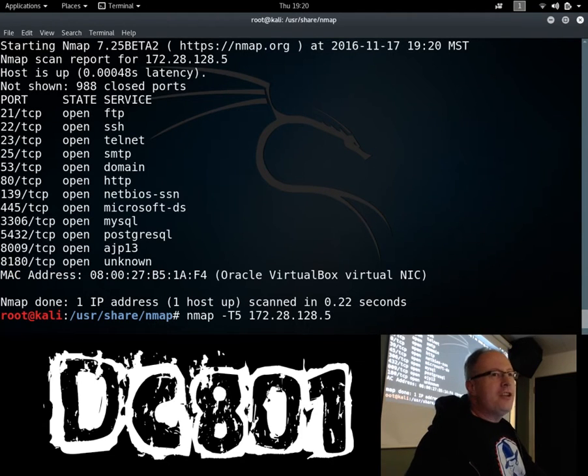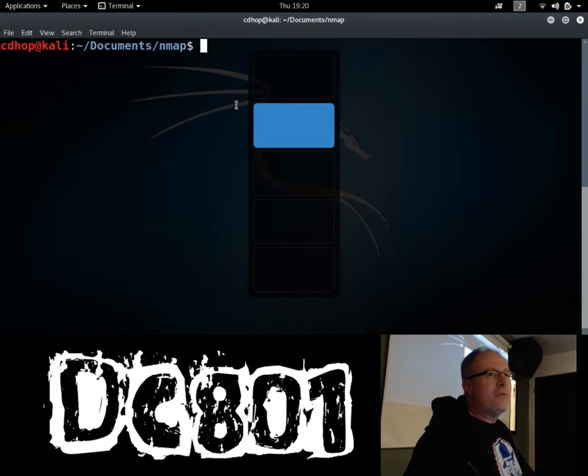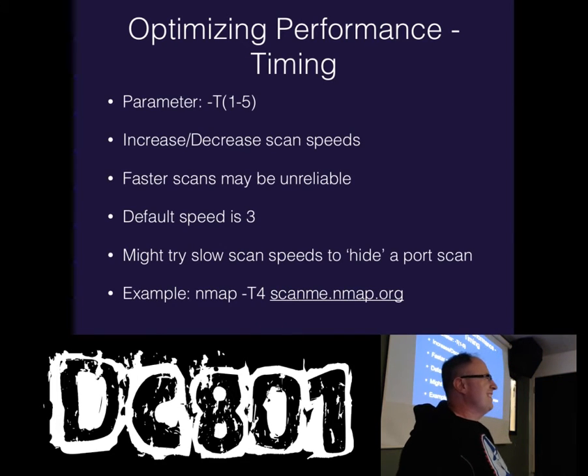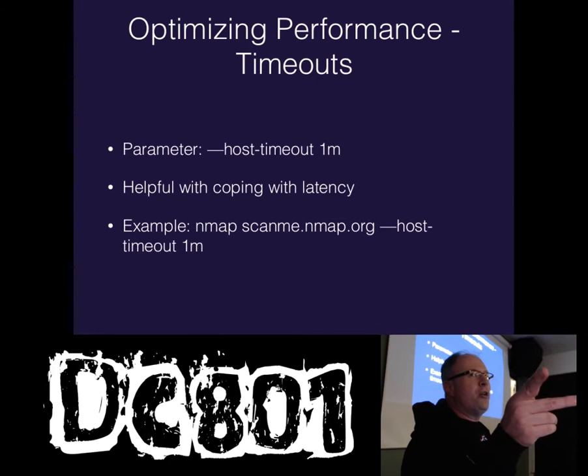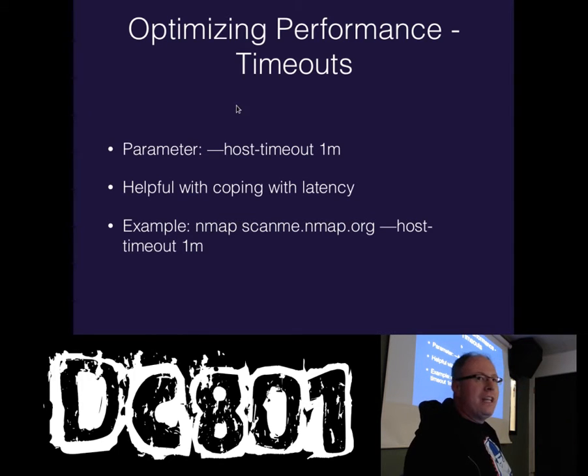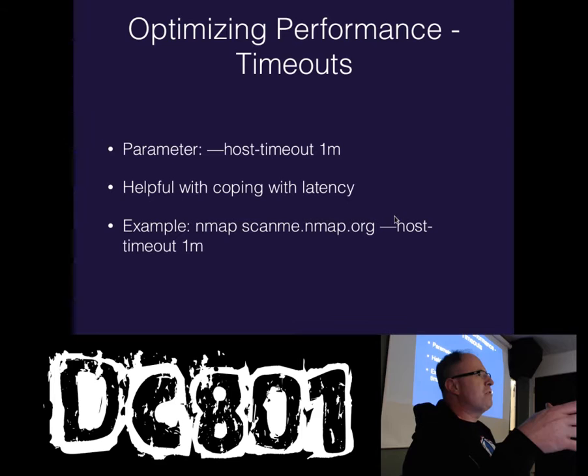Now, I did do the slow one, but War and Peace might be what you want to do because it does take a long time. But it's fun. Another optimizing tool you can use is adjusting the timeout. Say you're scanning a machine and you skipped discovery, so there's a possibility that machine doesn't even exist.